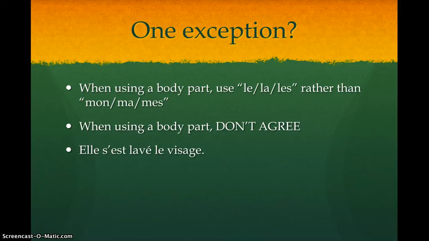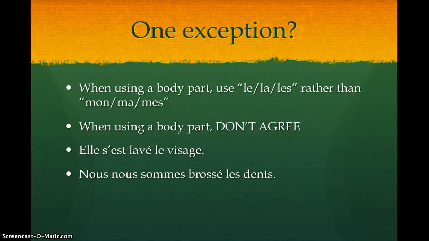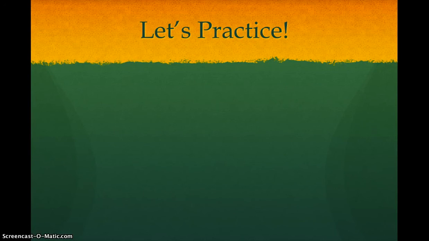Even though she's female and she's washing herself, she's washing herself the face. So there's no agreement because she's not washing herself, she's washing her face. Nous nous sommes brossé les dents. We're not brushing ourselves, we're brushing the teeth. No agreement.